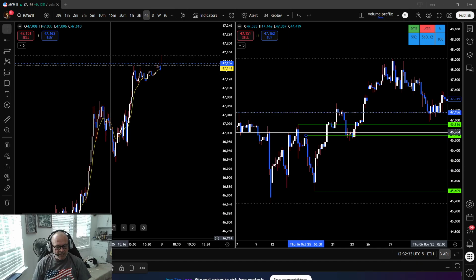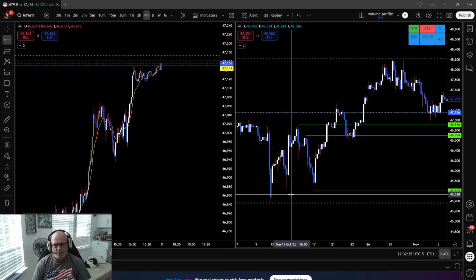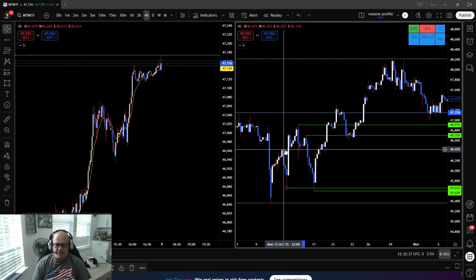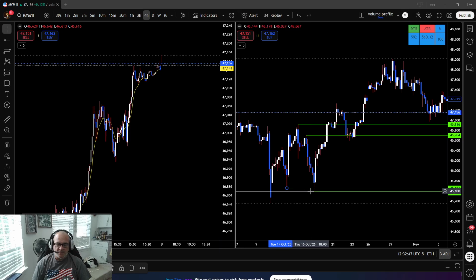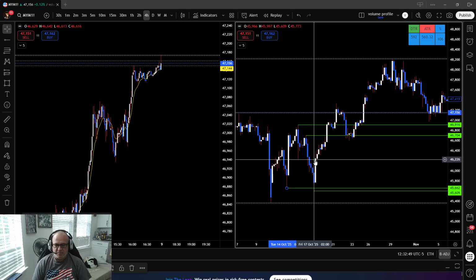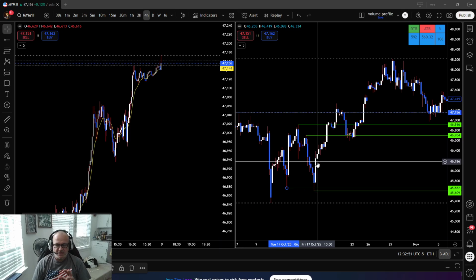What I notice when we get down into this area is that we come down and sweep this swing low and then make a new swing low below it. At this point, when price starts pulling back, I'm looking for something in particular.